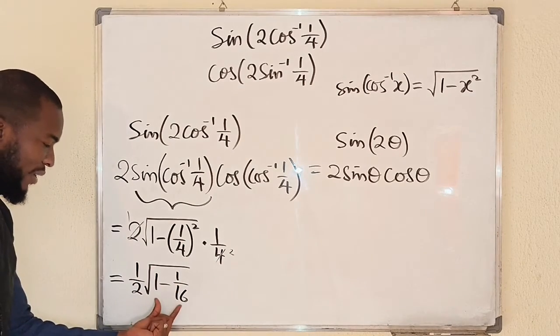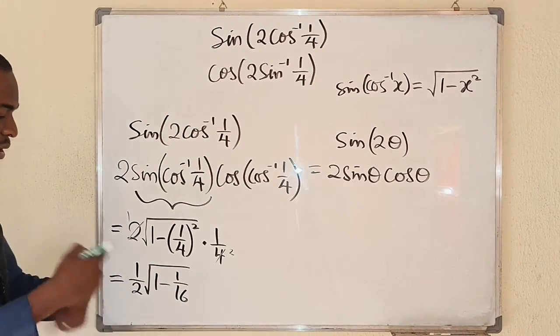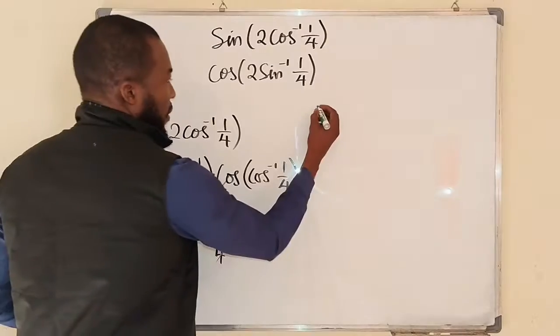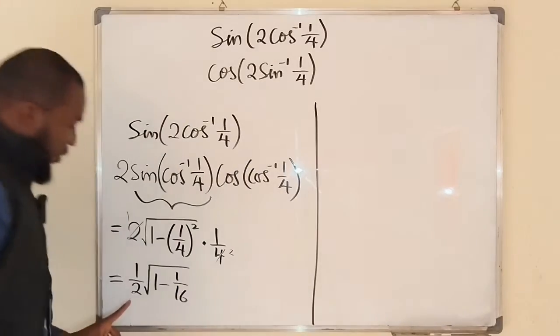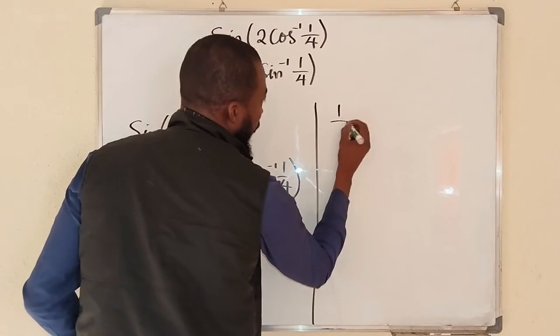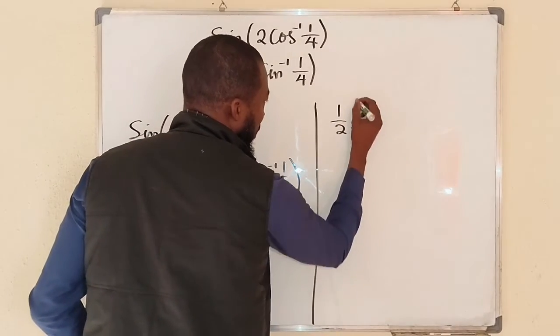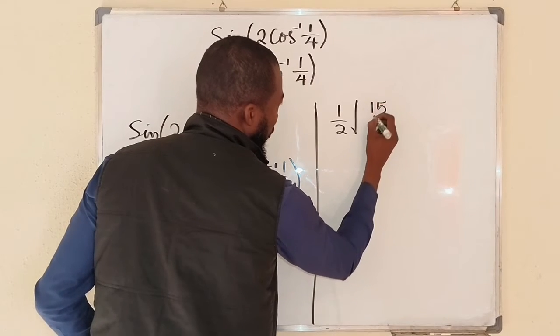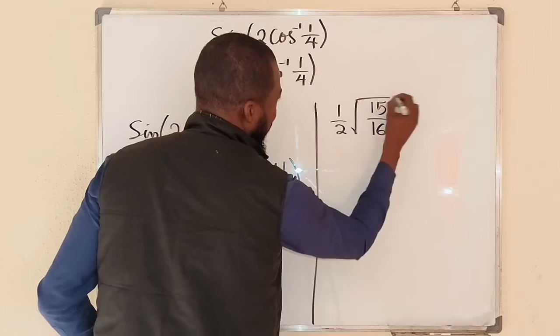If you subtract this, you're going to get the square root of 15 over 16, right? So we have 1 over 2 multiplied by the square root of 15 over 16.